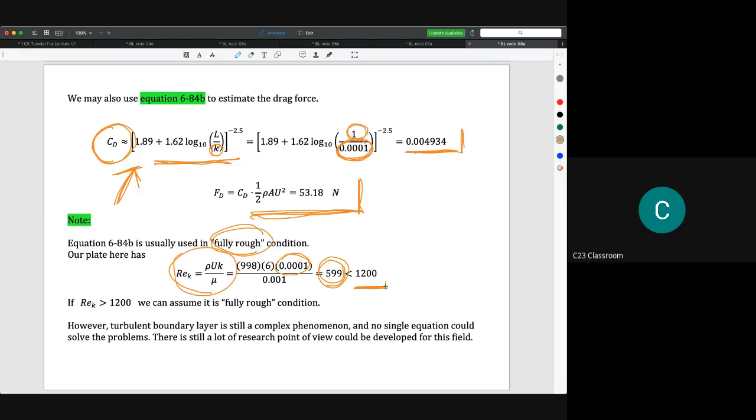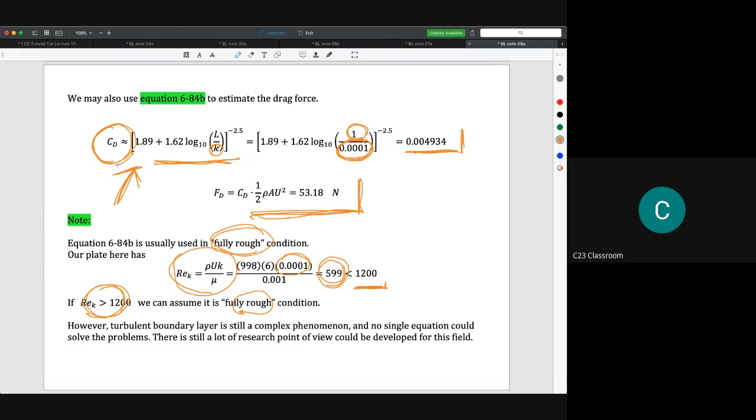That means our condition is actually not fully rough. If the Reynolds number is greater than 1,200, yes, you could use that. However, it still gives a similar value, an acceptable range for the drag force.